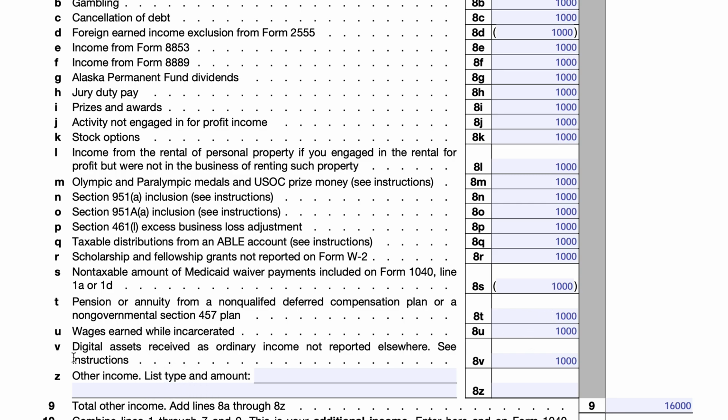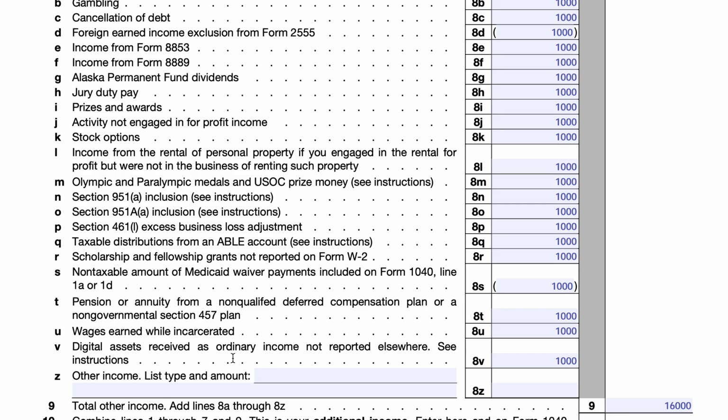Relatively new item, line 8V, digital assets that were received as ordinary income that you did not report elsewhere. So let's say that you reported digital assets that you sold for a gain on your Schedule D or your 8949.